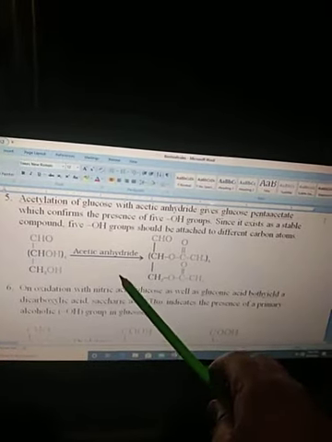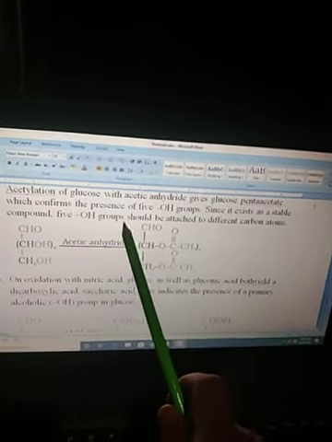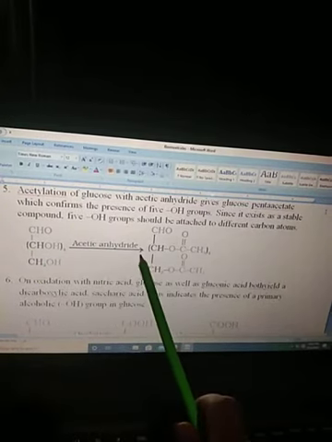Next, in glucose, if you see the structure, we have 5 OH groups. Now how to prove that there are only 5 OH groups? For that, this glucose molecule is treated with acetic anhydride.